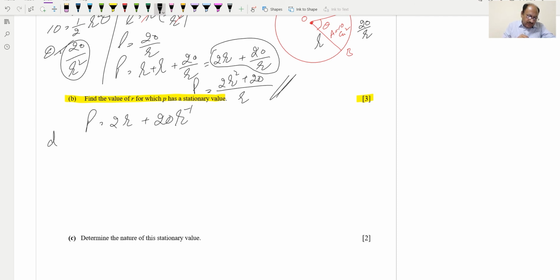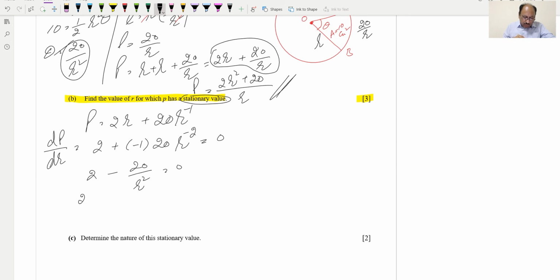Now we can take the derivative. dP over dR will be equal to 2 plus minus 1 into 20 r raised to minus 2, and we replace it equal to 0 for the stationary point. This will be 2 minus 20 over r square equal to 0. So 20 over r square is equal to 2, and this implies r square will be equal to 20 over 2, which is equal to 10.